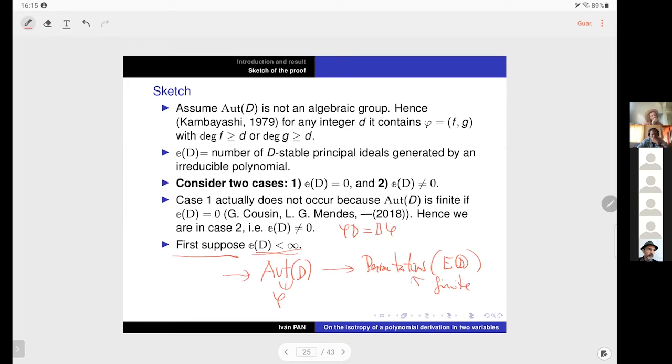And then, since we are assuming that the isotropy is not an algebraic group, the kernel is not one either. Because not being an algebraic group in this case signifies that in the isotropy you find automorphisms of arbitrary degree, and then the same property holds for K. But K here, by definition, is the set of automorphisms that fixes the principal ideals like that.